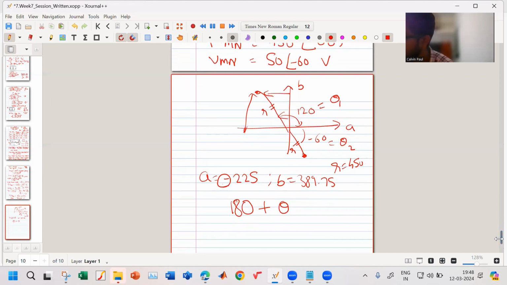It is as simple as that. So you got theta is minus 60. I add 180 to it, I will get 120. That is all that is to be done.